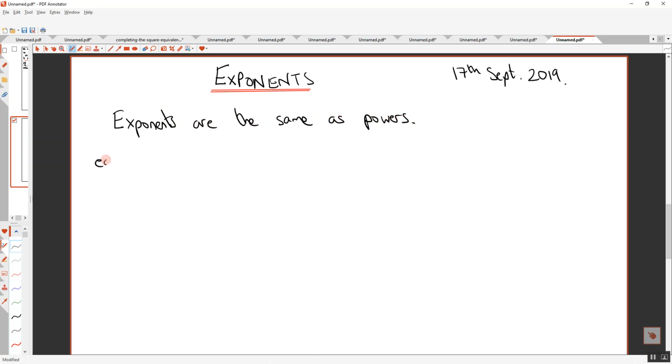So for example, 2 to the power of 3. The 3 is just the power or the exponent, okay?